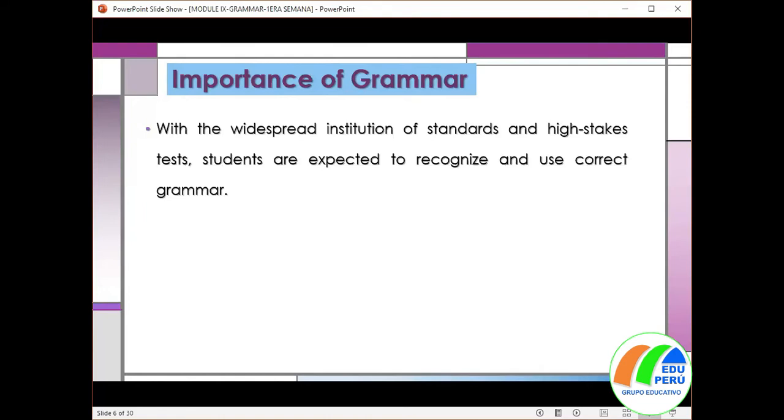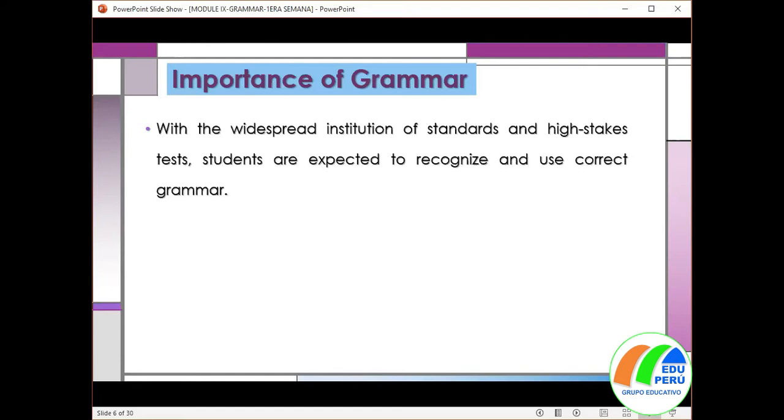We have a lot, and nowadays they are expanding, they are more common now. So you are required to take these kinds of examinations, and on them, your students are expected to recognize and use correct grammar. Because most of these exams are written exams.